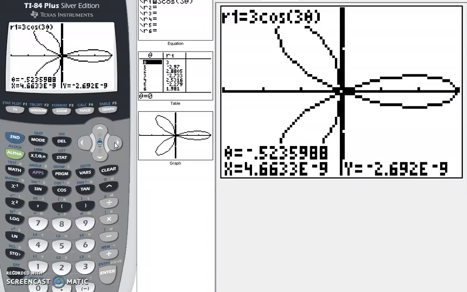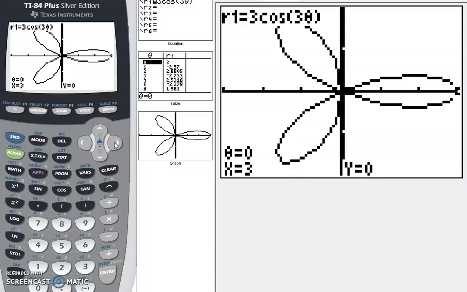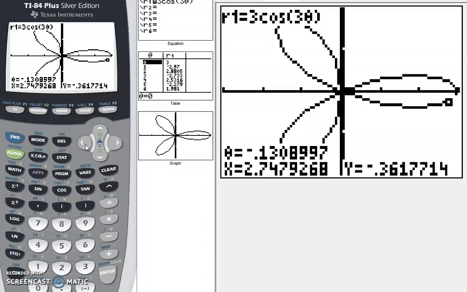All right. So right now, I'm at 0, where I kind of wanted to start in the first place. And if I hit the back arrow, that's pi over 24. It's 1 pi over 24, 2 pi over 24, 3 pi over 24, 4 pi over 24.